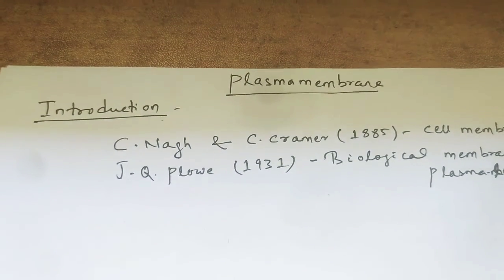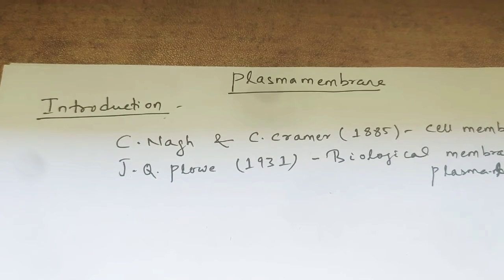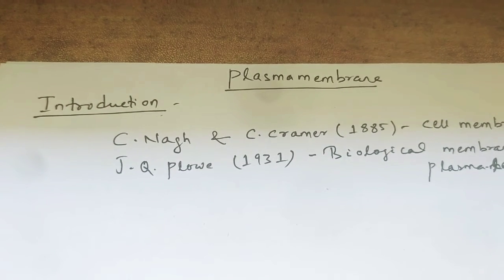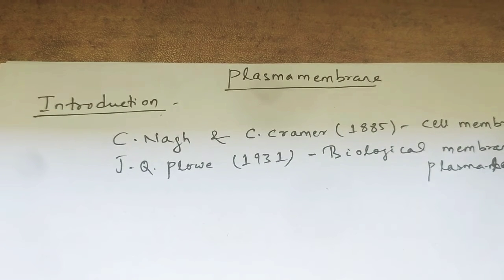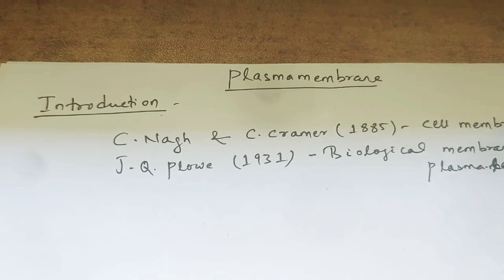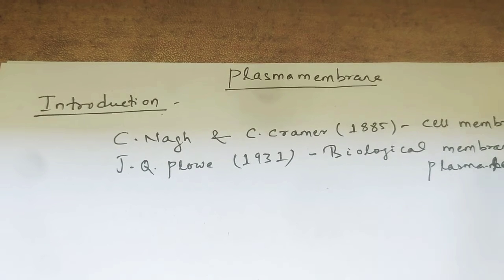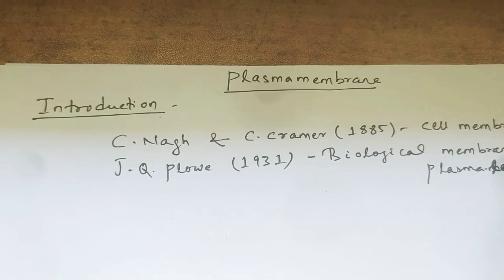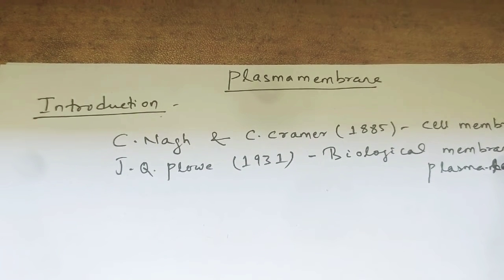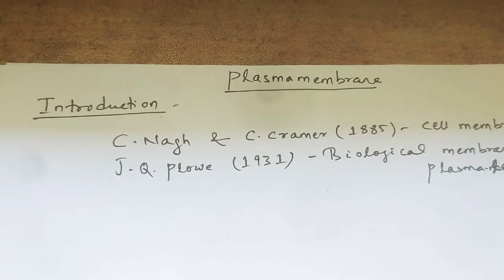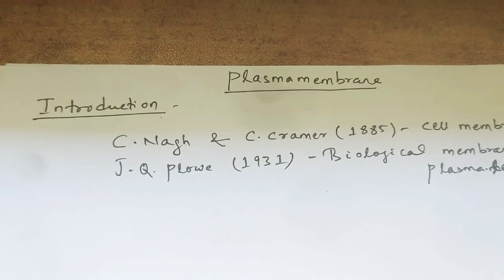Here is the introduction. The plasma membrane is very thin, elastic and semi-permeable. In our previous video we already discussed that the cell wall is permeable, the outermost non-living layer.